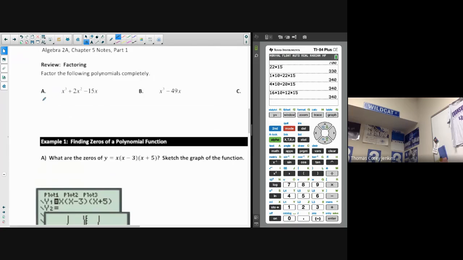So we'd want to rewrite this as x times the quantity x squared plus 2x minus 15. Then we have a DMR problem. So now we're thinking what multiplies to negative 15 and adds to positive 2. That's going to be 5 and negative 3.